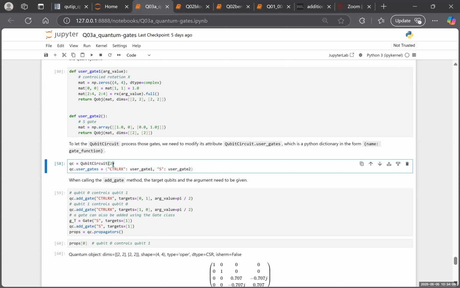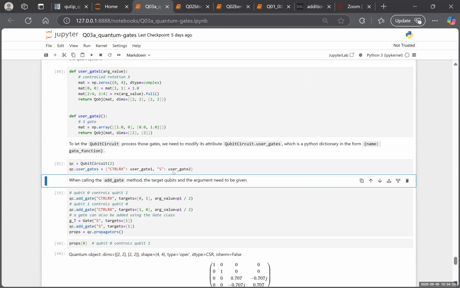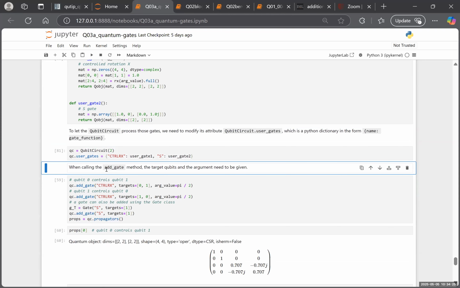So we need to add the name of that and the function of that to the user gate list. When calling the add gate method, the target qubit and the argument need to be given.